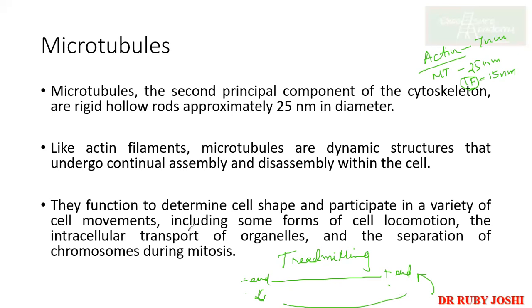Now they function to determine the cell shape, and participate in a variety of cell movements, including some forms of cell locomotion, the intracellular transport of the organelles, and the separation of the chromosomes during mitosis. Now tell me, from whatever you remember, during mitosis we know that at the metaphase the chromosomes are aligned, correct?